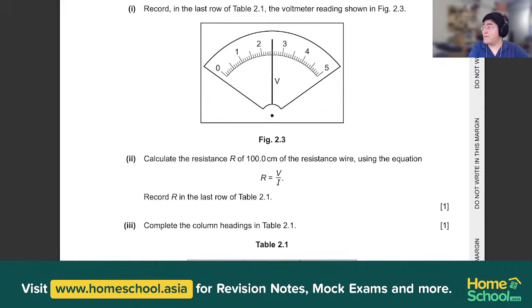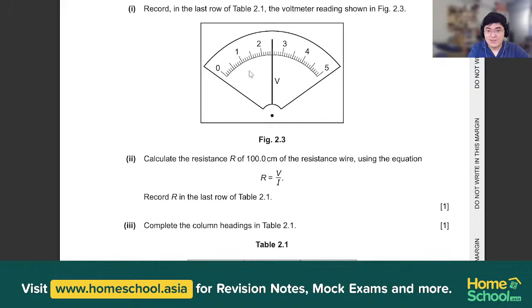As you can see over here, the numbers on this voltmeter are registered in singular volts. So 1 volt is the big reading over here, and between these two there are 10 markings. So each small reading is 0.1 volts. So right here, the reading on the voltmeter is 2.5 volts.